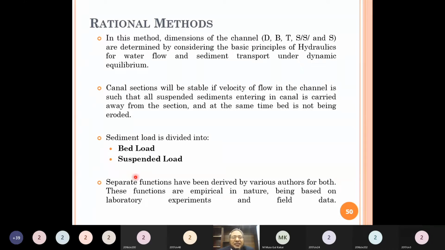We have equations as well, and we can also measure the bed load in a stream or in a channel, and this suspended load we can also measure. So it means we can measure it, and we have the functions also to compute it. Is it clear?